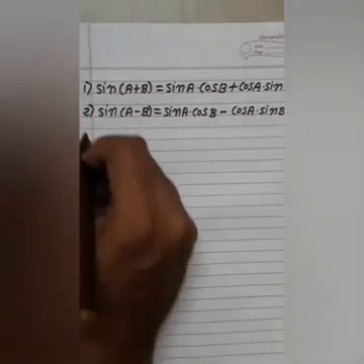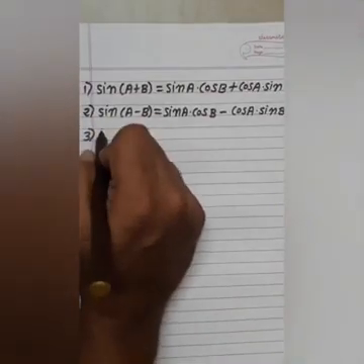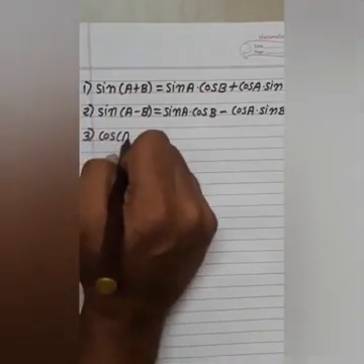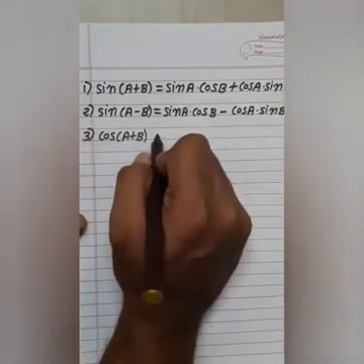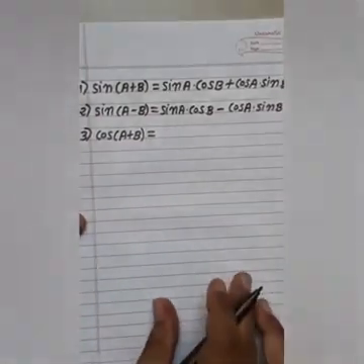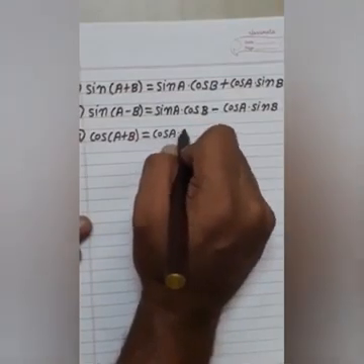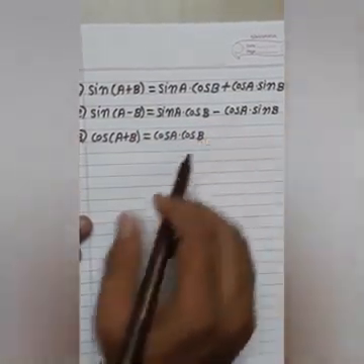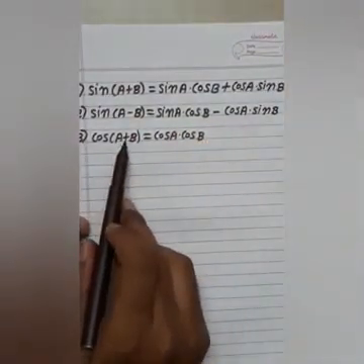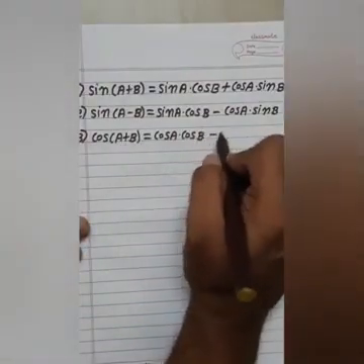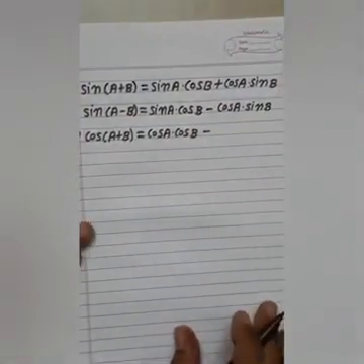Next, the third formula: cos into bracket a plus b. Cos a plus b, that means cos a into cos b; here in between the plus sign is present, so always remember we apply the minus sign.